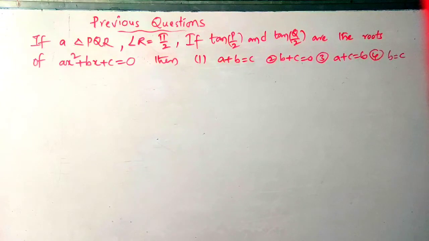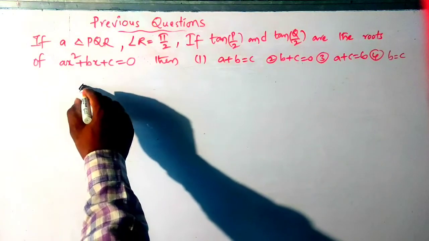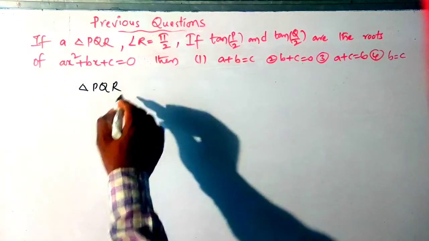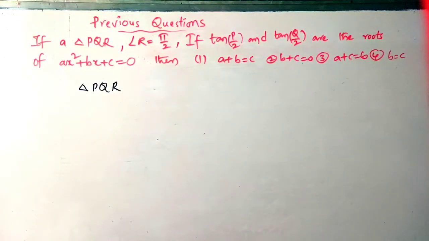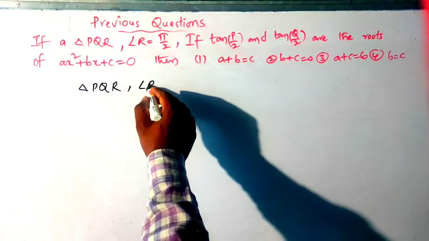If tan of P by 2 and tan of Q by 2 are the roots of ax square plus bx plus c equals 0, then the first option is a plus b equals c, the second option is b plus c equals 0, the third one is a plus c equals b, the fourth one is b equals c. Given triangle PQR and angle R equals pi by 2.